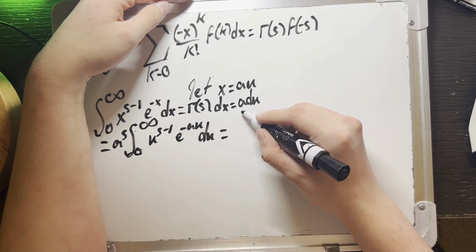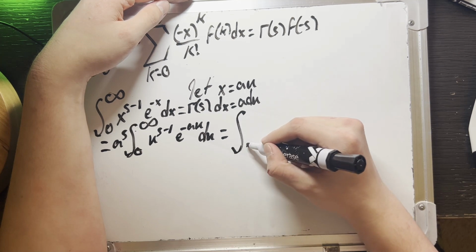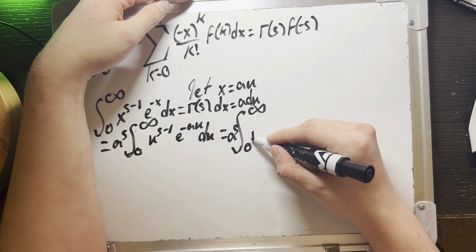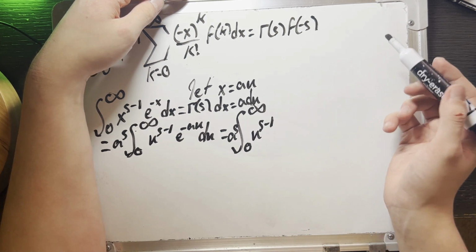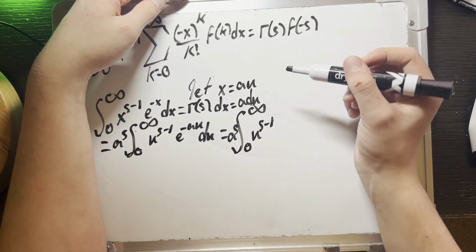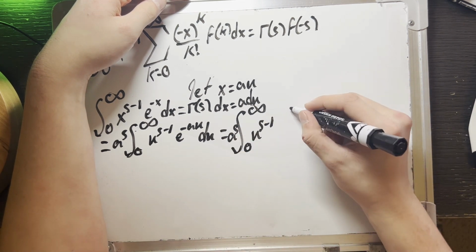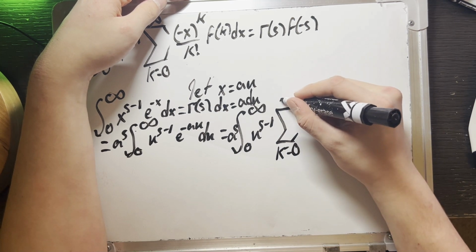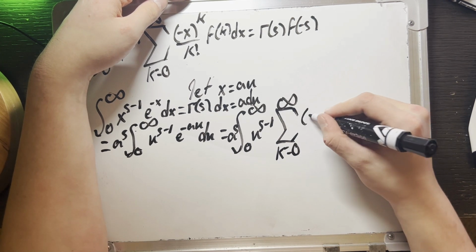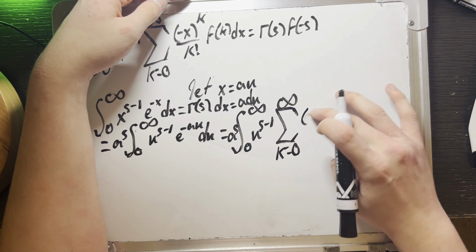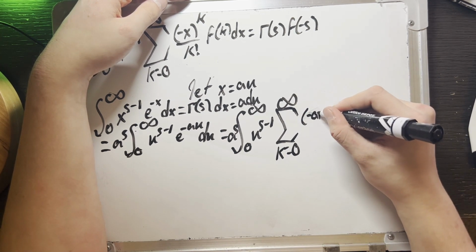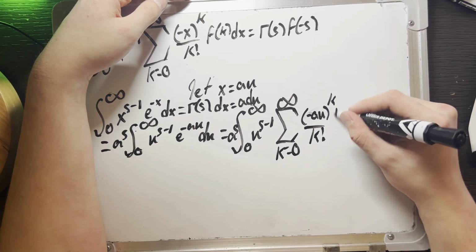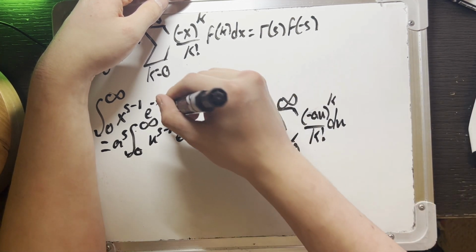So, okay, now we're going to express this integral as a series. So we'll have the integral from 0 to infinity, a to the s at the front, u to the s minus 1. And so to get this series right here, we're going to have to express the exponential as a series. It's a Taylor series. So k equals 0 to infinity, you have minus a u to the k over k factorial du. Remember, this equals gamma of s.